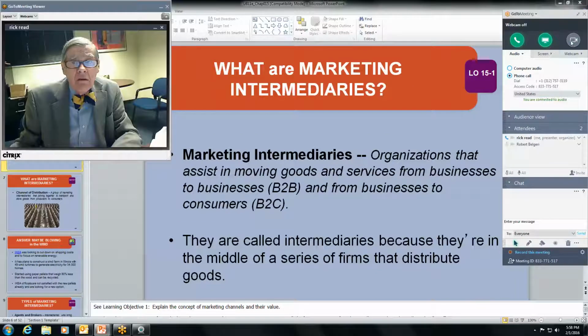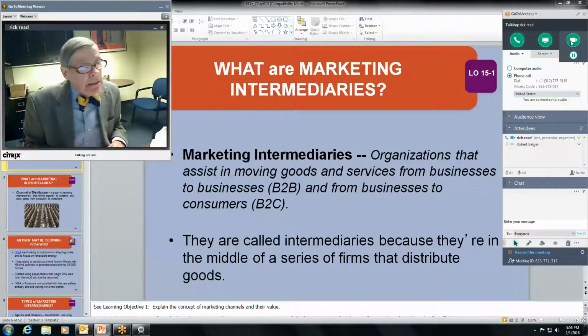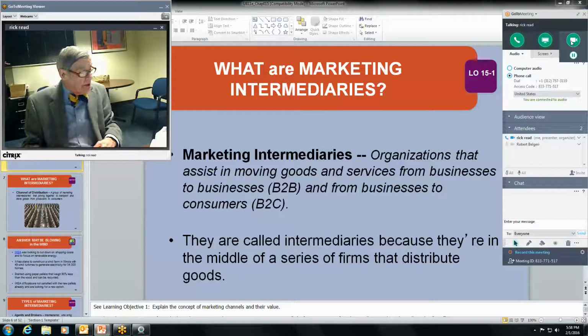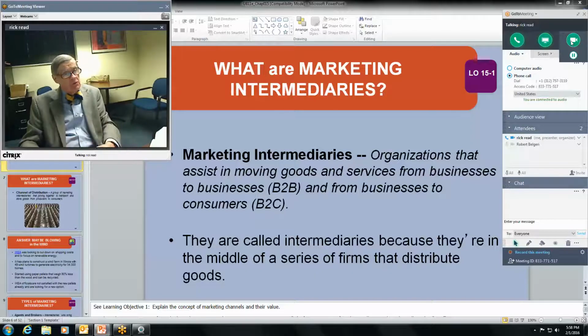What are marketing intermediaries? They are companies, if you will, organizations that assist moving goods and services, although mostly goods, from business to business in the B2B market and from businesses to consumers in the B2C market. They're called intermediaries because they are in the middle of the process.